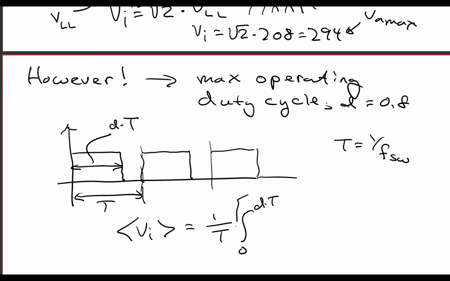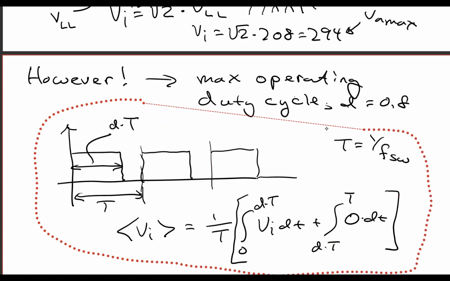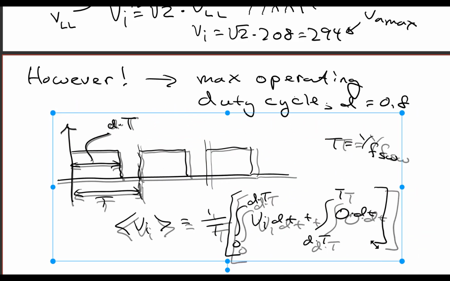I was rushing. 0 to D times T, it's going to be V sub I. Yeah, my note was screwed up. Sorry. And then from DT to T, it's going to be 0 dt. If you took power electronics, you wouldn't have been confused. I was rushing and probably tired.